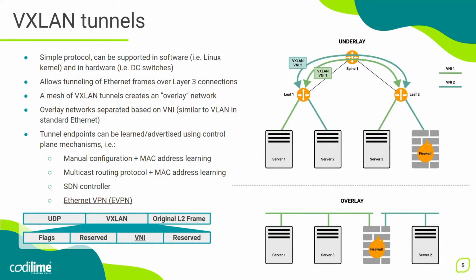In Linux, VXLAN can be configured in three ways: as a point-to-point interface with local and remote IP addresses to connect both sides. It can be configured as a point-to-multipoint interface with a local address, where remote addresses are discovered using multicast.